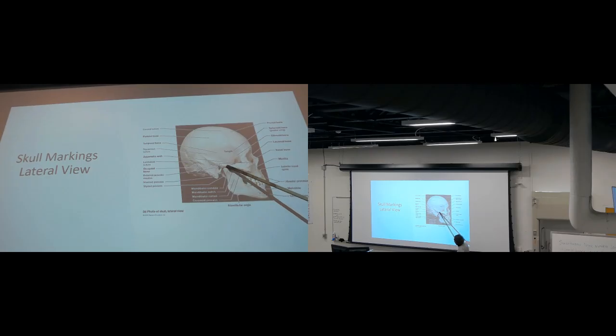And then in here, we have the zygomatic and the temporal bone forming an arch, which is called the zygomatic arch. So the zygomatic bone has the temporal process, and the temporal bone has the zygomatic process, that when they connect, they form the zygomatic arch.